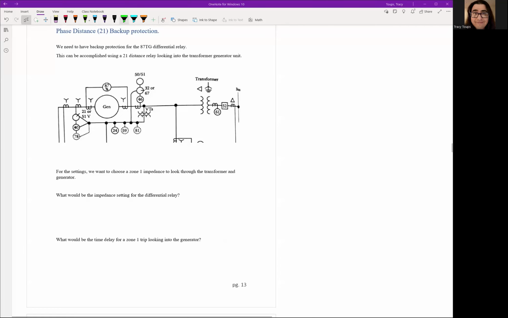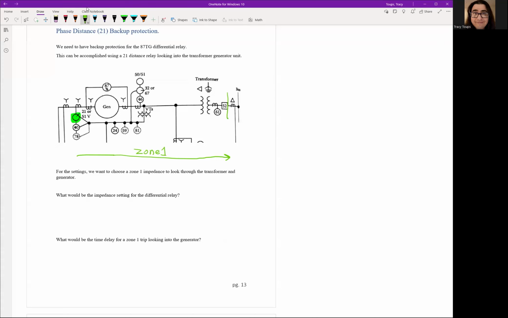So what we can do is have a relay at the end behind all the equipment, and let's have this relay look out from the edge of the generator, through the generator, through the bus, all the way out to right here at the end of the transformer, to about right this border. Okay, let's call this a zone 1. Because you remember, a phase 21 distance relay is an impedance relay that has different zones.